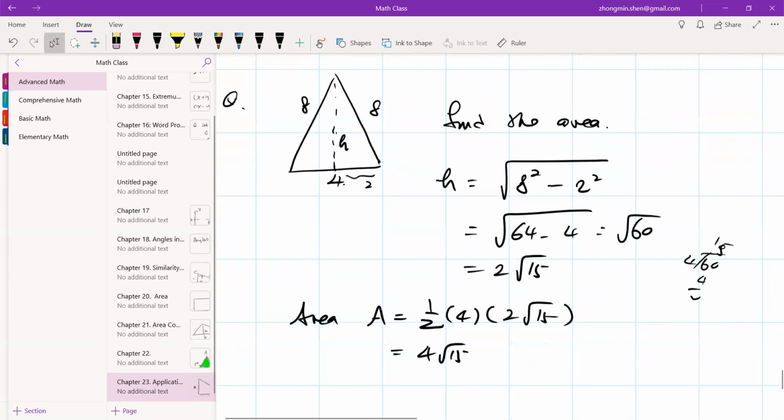I know sometimes you struggle, but draw the picture first, name the variables, and write down all the possible equations from the Pythagorean theorem. You should be able to solve it. If you do not get the problem, look at my notes, maybe I already discussed similar problems there, okay?